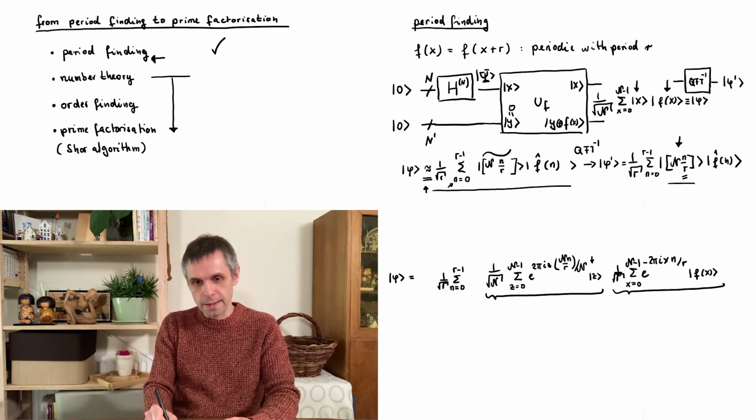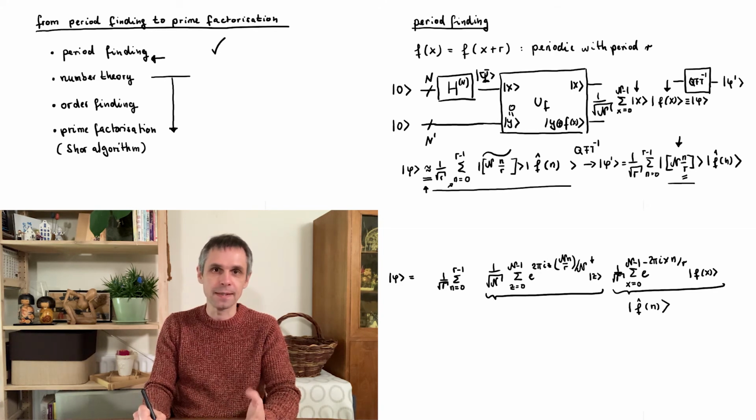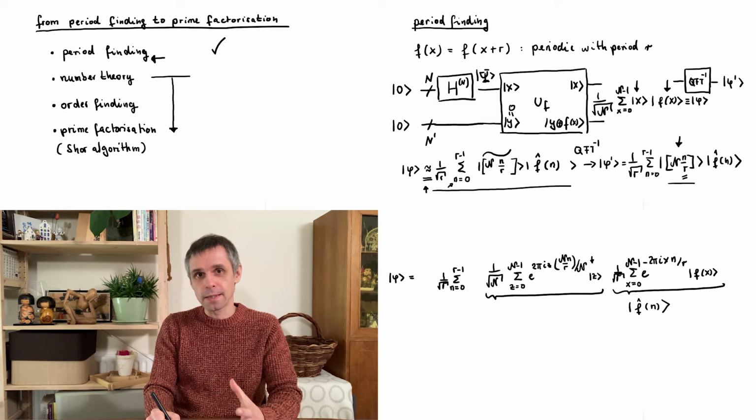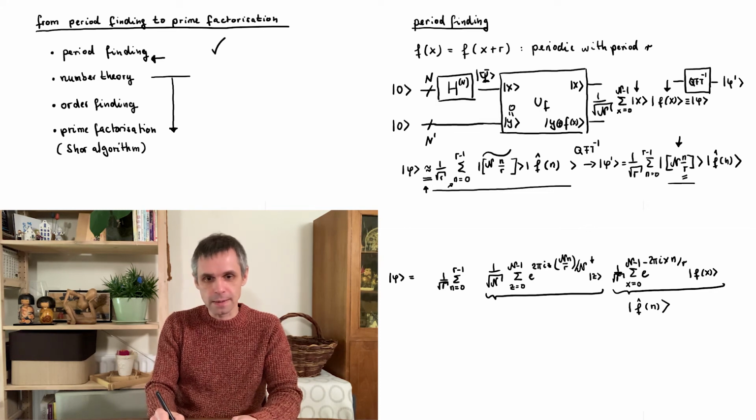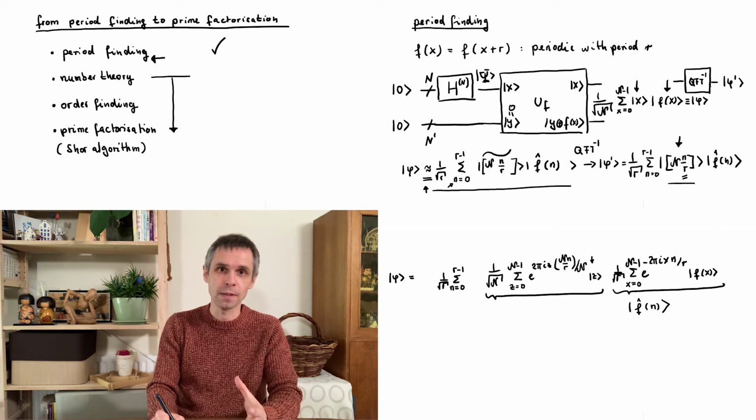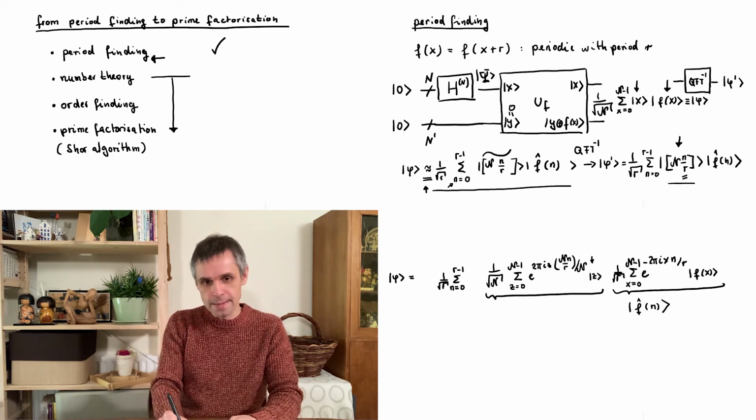And well, for these remaining quantum bits, this is just some state which depends on little n, but we're not going to make use of these quantum bits anymore in this algorithm, so we just call this state f hat of n. And when we then look at the state of the first n quantum bits, then we see that this looks very similar to the outcome of the quantum Fourier transform applied to one of the computational basis states. This would be the case if this number here would indeed be an integer.